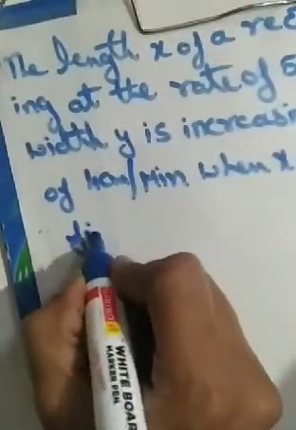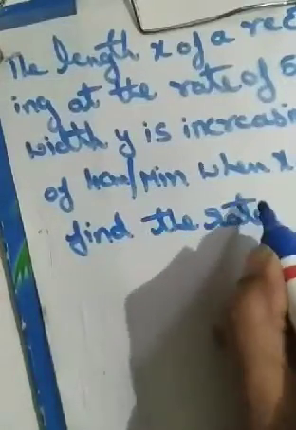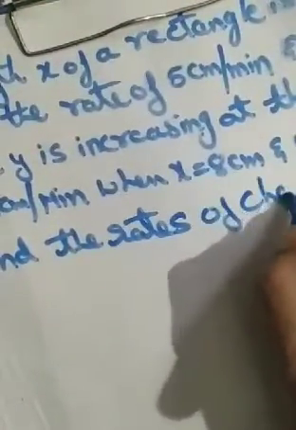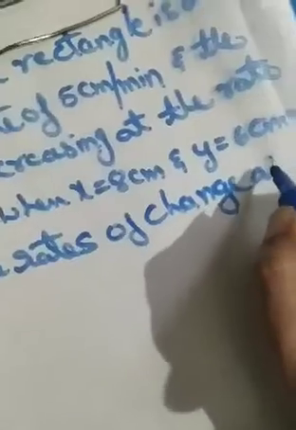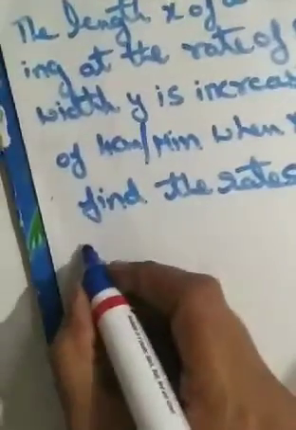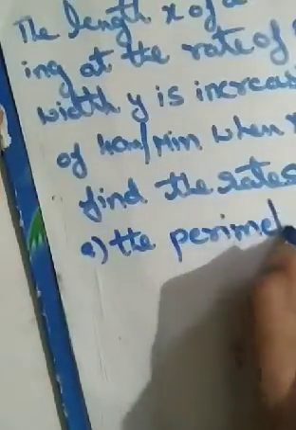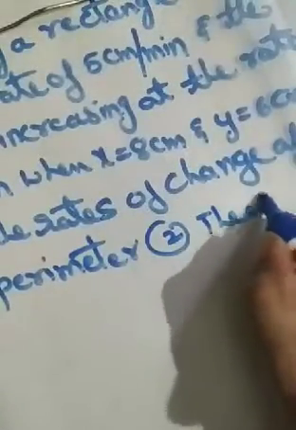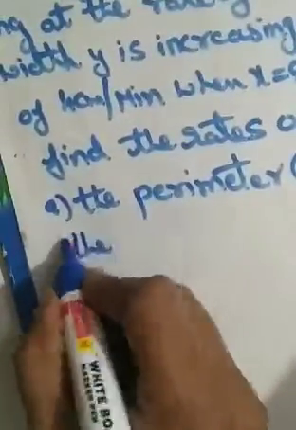Find the rates of change of, first one, the perimeter. Second one, the area of the rectangle.